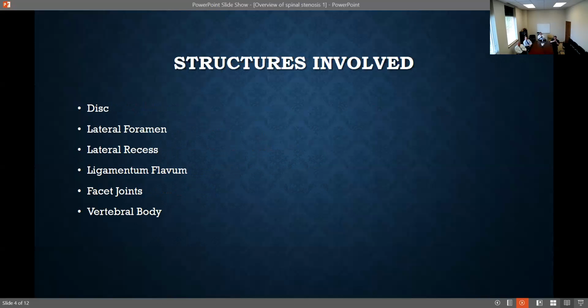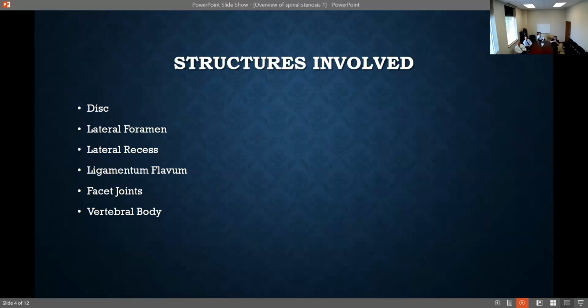So these are the structures, and there will be a little picture coming up in the next few slides that we'll talk about further, but it's multifactorial. As we age, after the beginning of the third decade, the disc starts to lose its vascularity, and that's when you start to get annular tearing and disc bulging, where the nucleus pushes against the annulus.